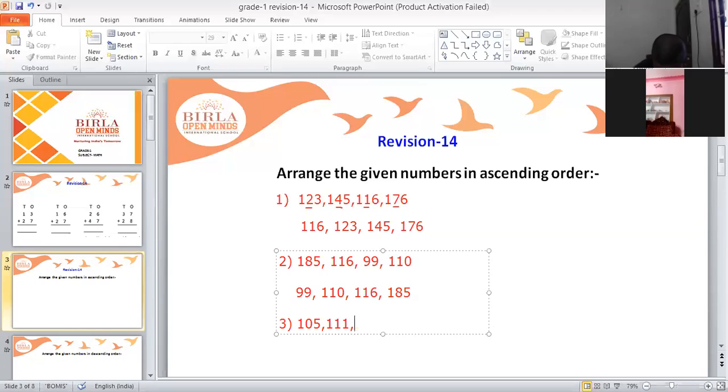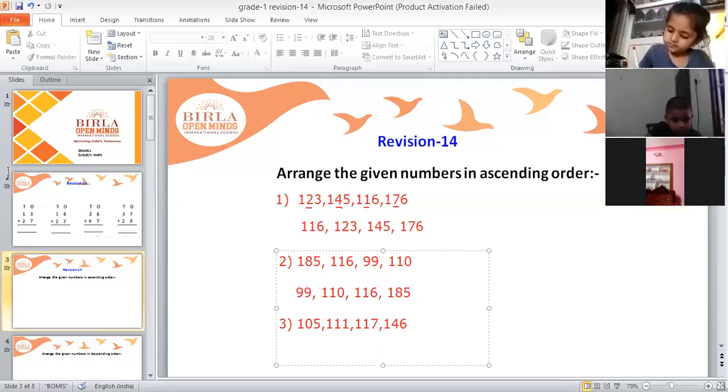Note down the question. The numbers are 105, 111, 117, 146.